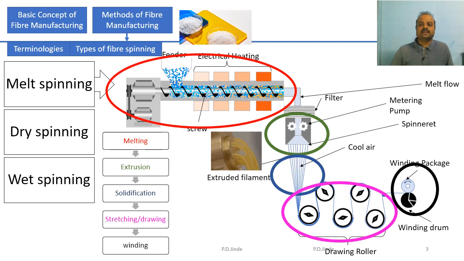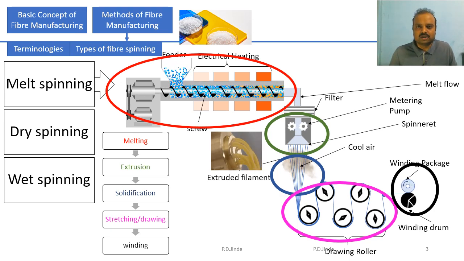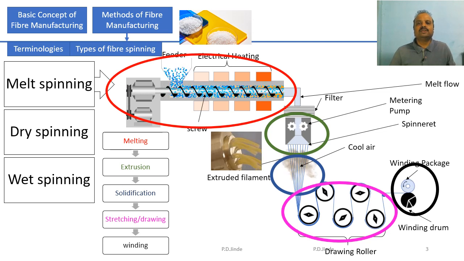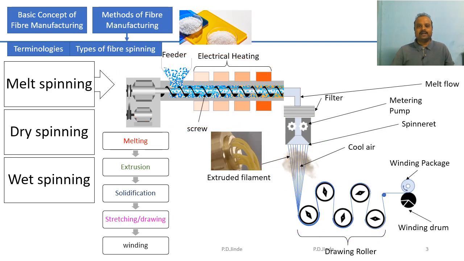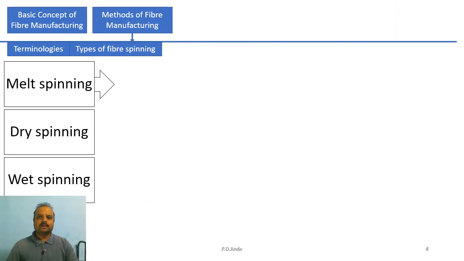So in summary, the whole spinning operation is divided into five steps. One is melting, second is extrusion, third is solidification, fourth is stretching or drawing, and last is winding.